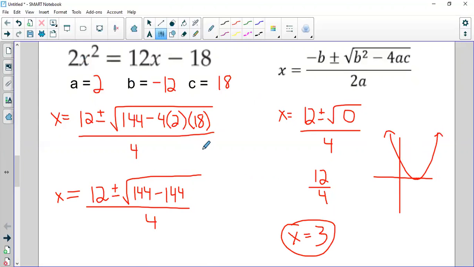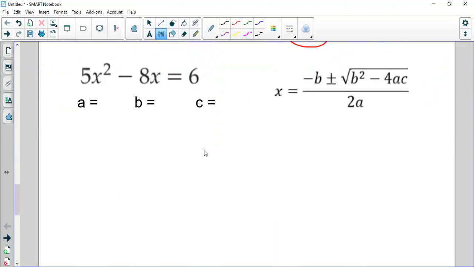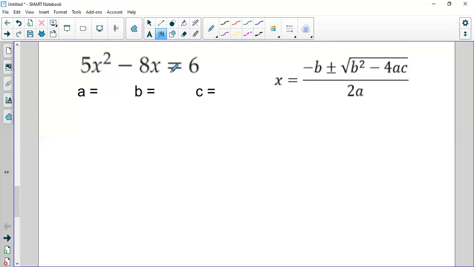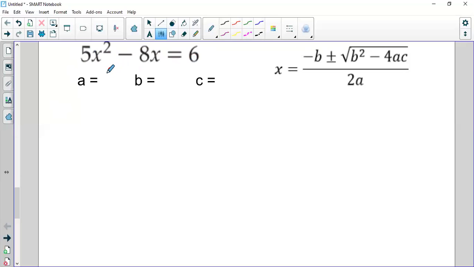All right, a couple more. Once again, does not equal 0. So I'm going to move some stuff mentally to make it equal 0 and make sure I fill in the right signs here. A is 5. B is already over here at negative 8. And C's got to move over to become negative 6. So put our numbers in place.